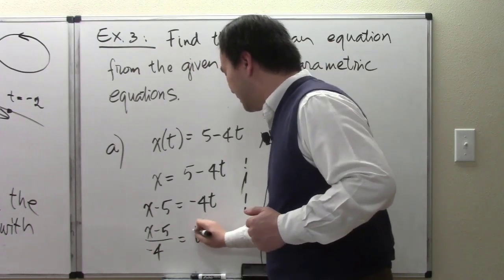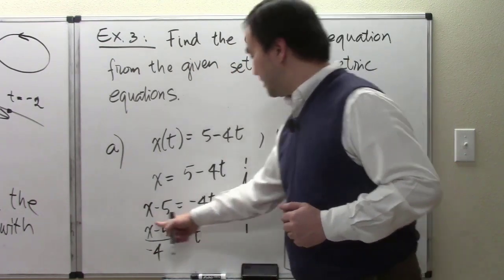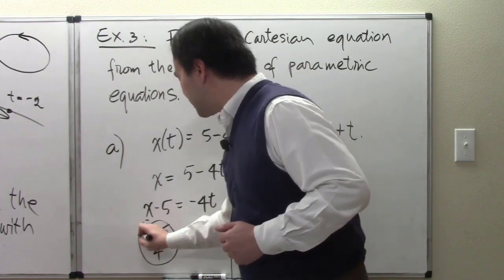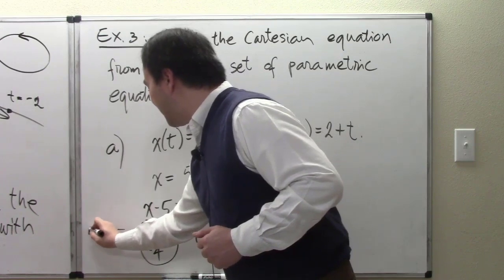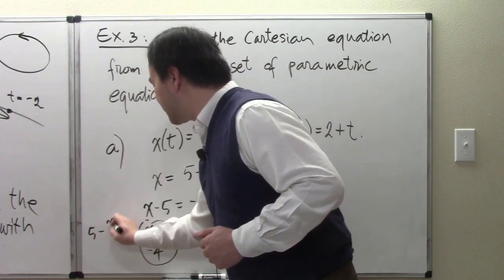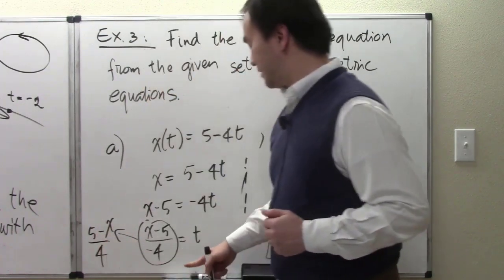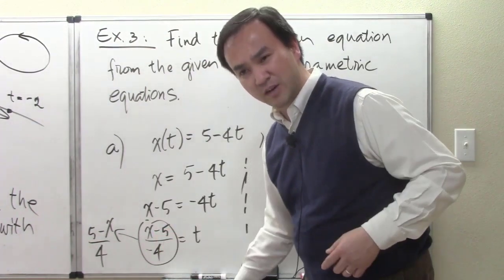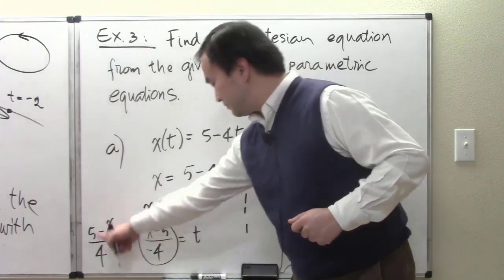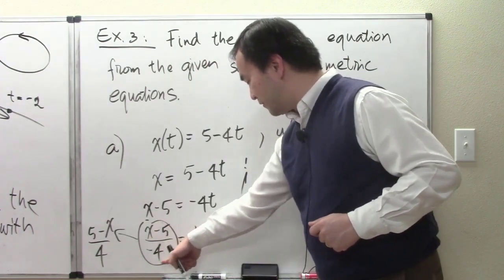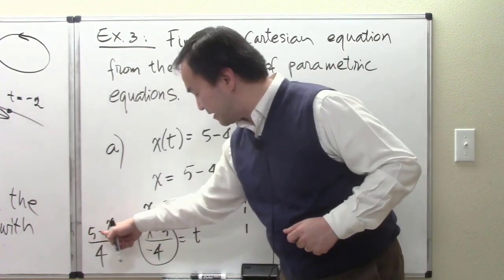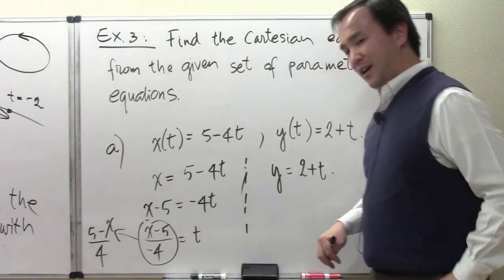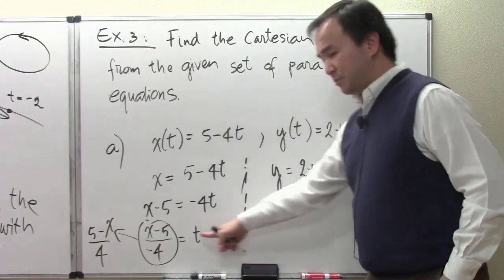Or we can rewrite this left-hand side as 5 minus x over 4, to get rid of the negative sign in the denominator, which is often a little awkward. Either way, you can write x minus 5 over negative 4 equals t, or 5 minus x over 4, no negative, equals t. But that's pretty much a dead end.